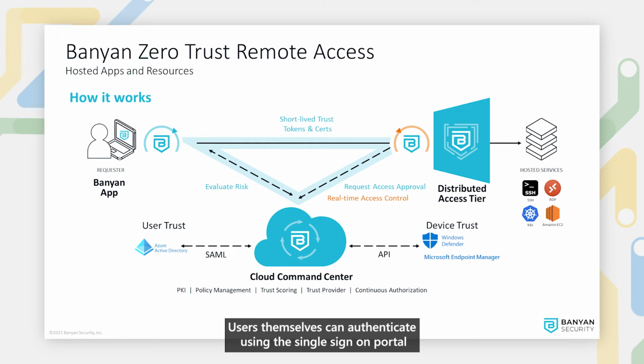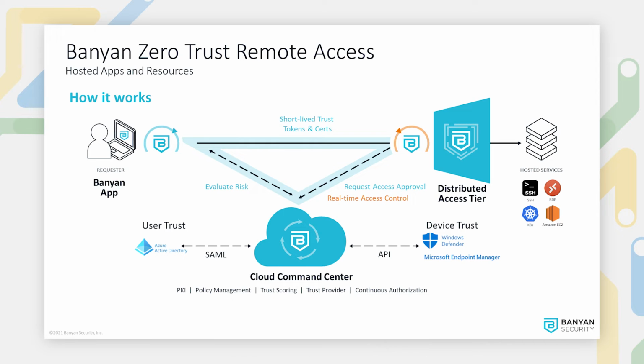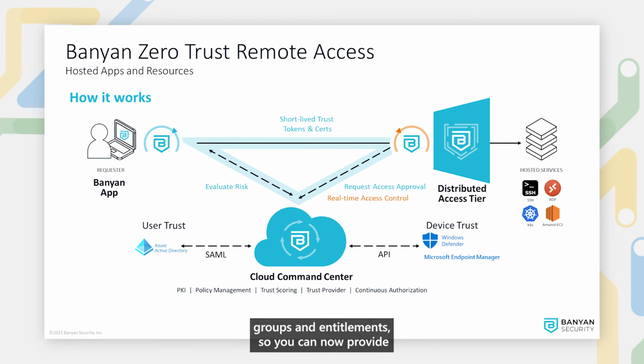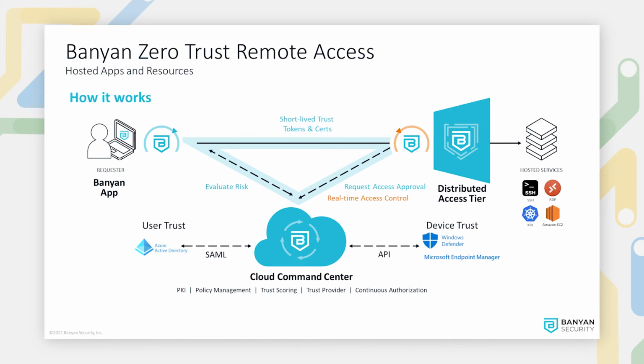Users themselves can authenticate using the single sign-on portal they're accustomed to, as well as MFA tools that they normally use. From the administrator perspective, you write policies based on your Azure AD groups and entitlements. So you can now provide a simple access policy framework to grant access into all your resources.